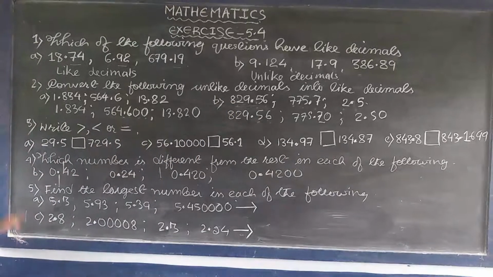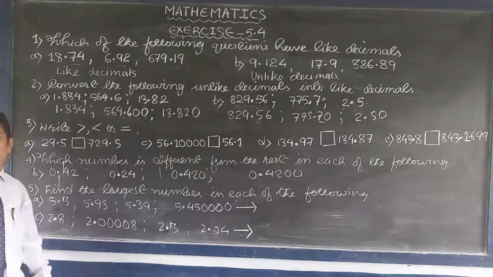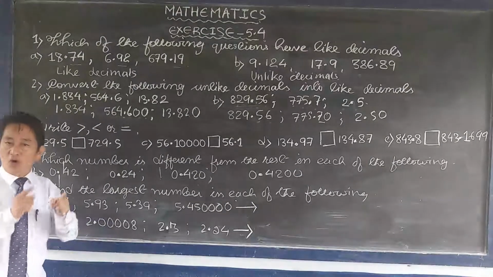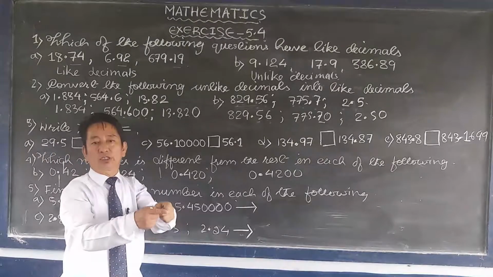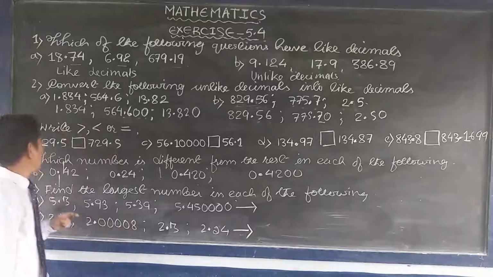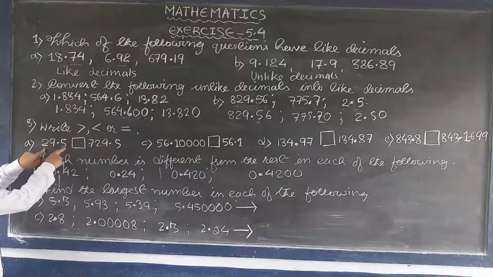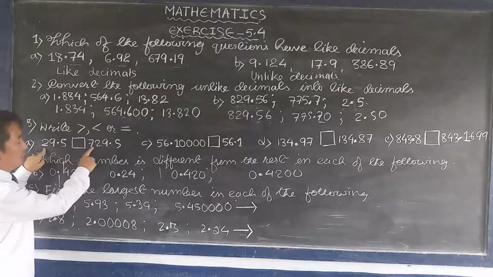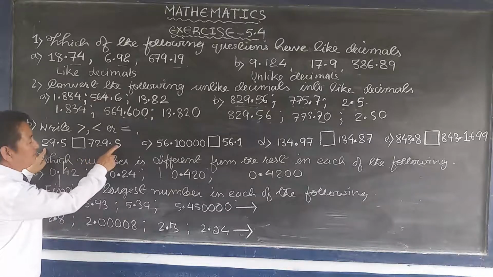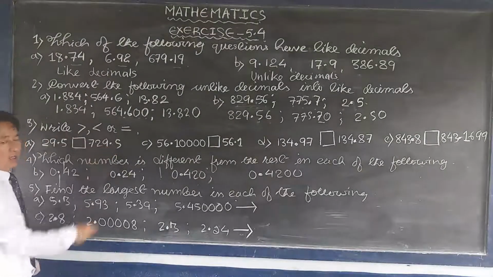Now next, you write the greater than, less than or equal sign. We always turn the pointed end towards the lesser or smaller number. First one here: 29.5 and 729.5. This one is less than this one.